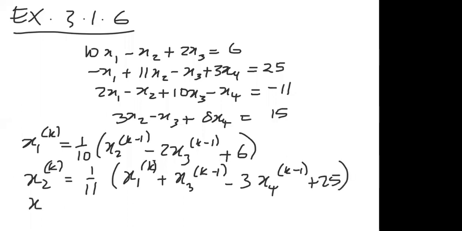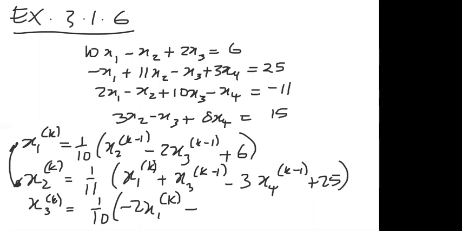So I'll write it like that. I'll continue doing the same. So x3^(k), if I have x2 and x1, then I'll substitute those by these values that I've found in there. Okay. So x3 will just be equal to 1 over 10. Then I'm going to have minus 2x1^(k), because I've already found the x1 from the first equation. And then I'm going to have plus x2^(k) again.